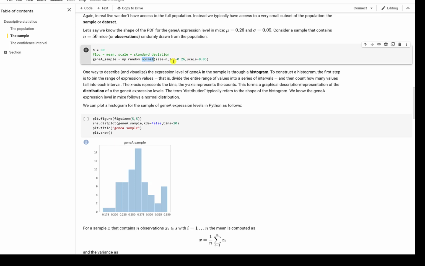We determine that by setting the location, which is the same as the mean, and as I told you, the mean was 0.26. We also have to specify the standard deviation, which, as I mentioned, is 0.05. By saying this, the code knows that we are talking about the probability density function with this mean and this variance. And what we want the code to do is sample n individuals. So our sample will consist of n randomly sampled individuals from this population. And we set n to 60.